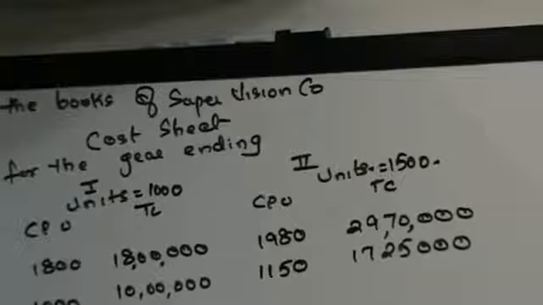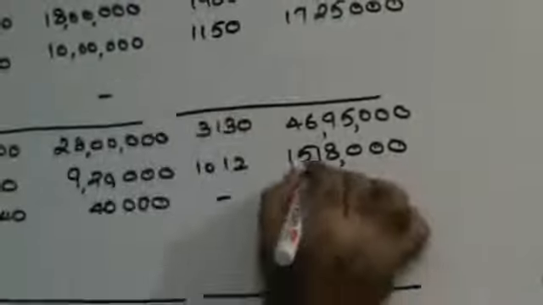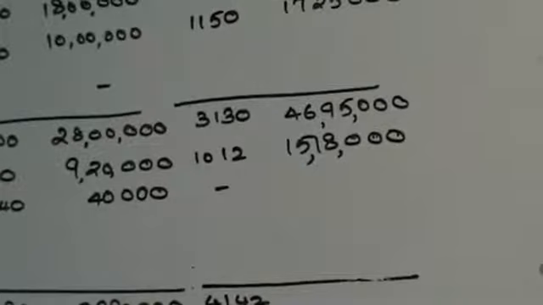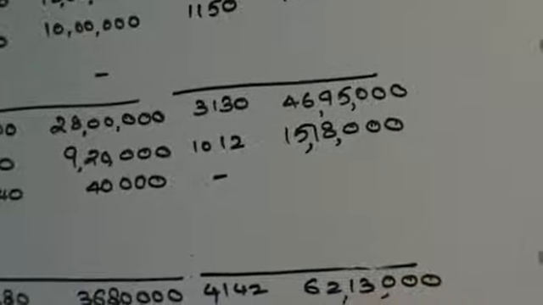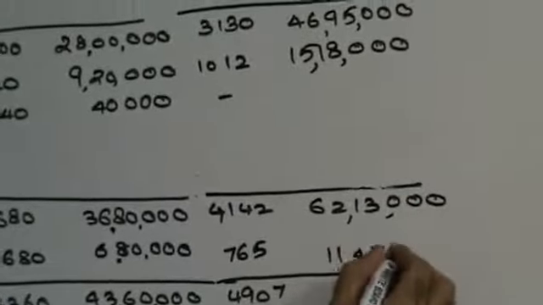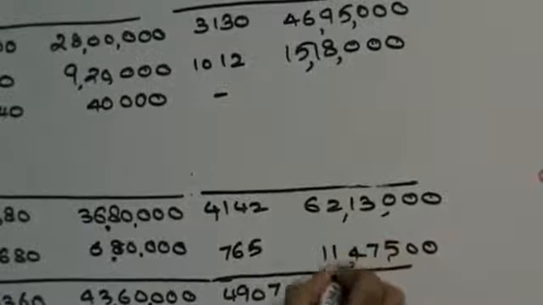Next, 15 lakh 18,000. How are we doing this, guys? CPU into units, that's how we are doing this. Next, 62 lakh 13,000. 11 lakh 47,500.